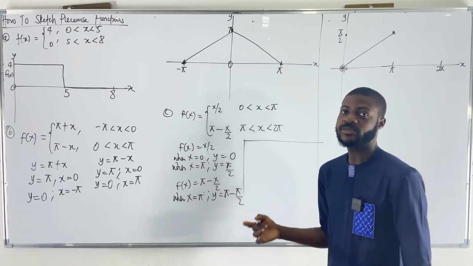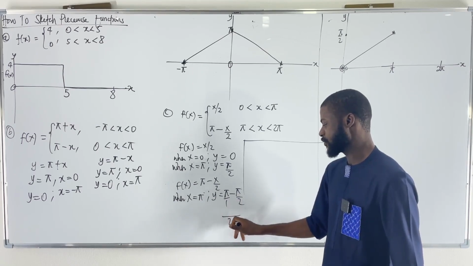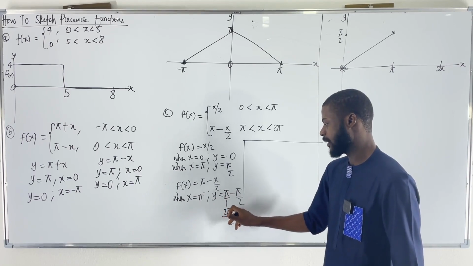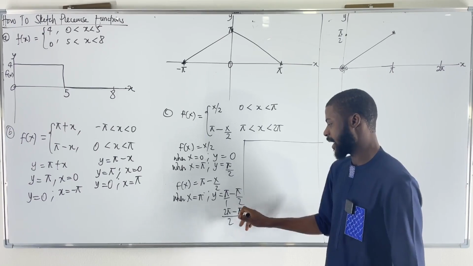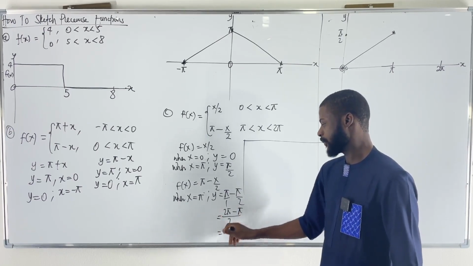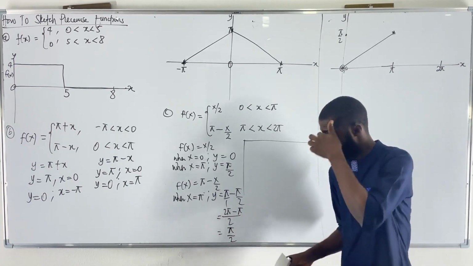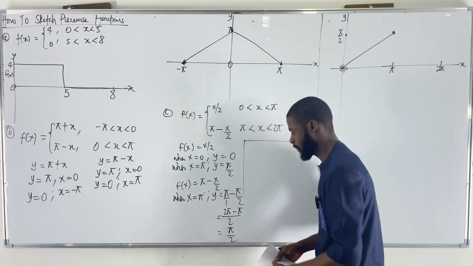Pi minus pi over 2 is pi over 2. Let me put over 1 here. So the LCM of this is 2. 2 divided by 1 is 2. 2 times pi is 2 pi. Minus 2 divided by 2 is 1. 1 times pi is pi. So 2 pi minus pi, that's pi over 2. So that's what we have. So when s is equal to pi, y is equal to pi over 2.